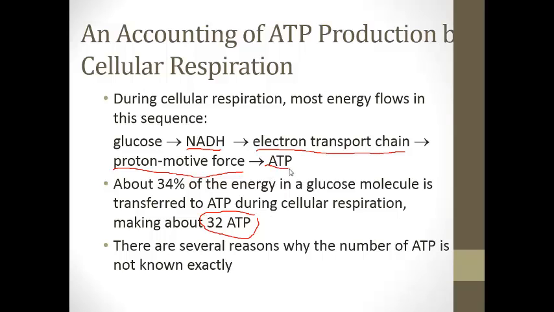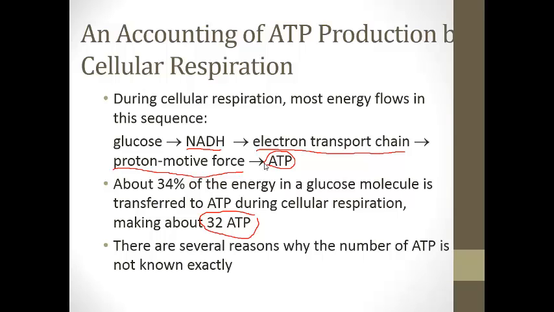And chemiosmosis is going to make the ATP. All of those electrons that came from glucose are going to end up with oxygen. So ultimately you have the oxidation of glucose, the reduction of oxygen. Oxygen gets reduced, it gains the electrons, it gains the protons, and becomes water.